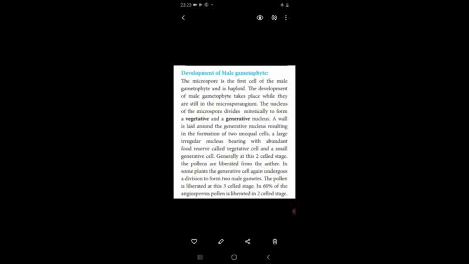That is called the vegetative cell. And a small generative cell. So the vegetative cell has a large amount of reserved food material, and the generative cell is very small. So the microspore undergoes mitotic cell division.